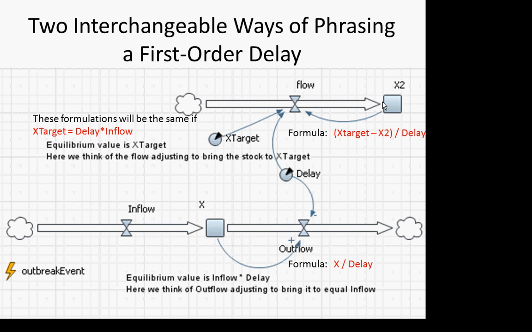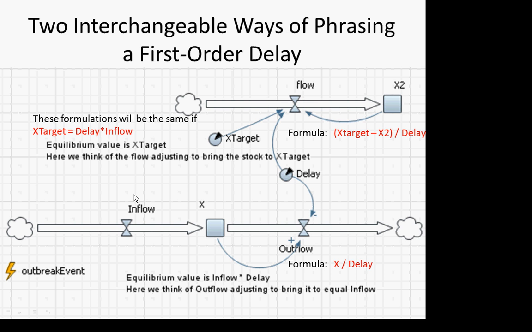So here, with target, we can sort of set the value of the stock towards which it's tending. And so this is another form in which you see a first order delay. They're equivalent, ladies and gentlemen, if X target equals the equilibrium value as we specified it earlier, delay times inflow. I mean, these two are basically the same.